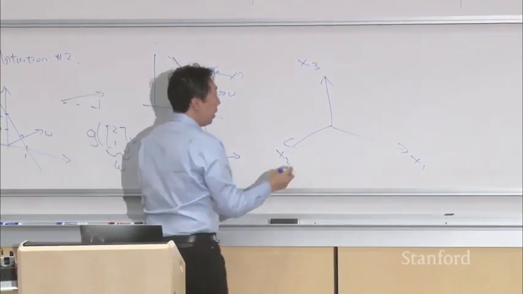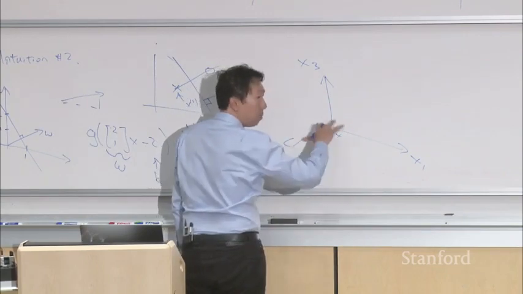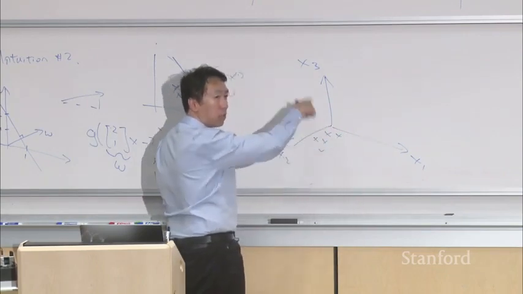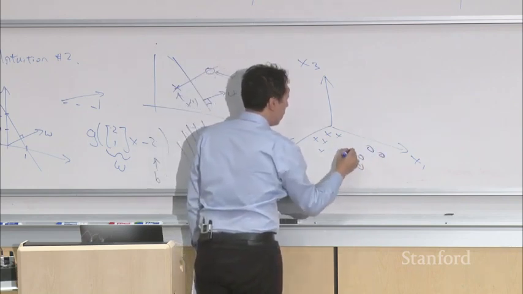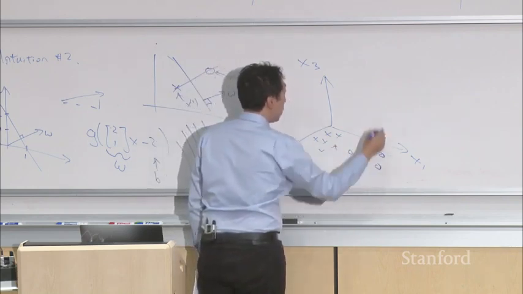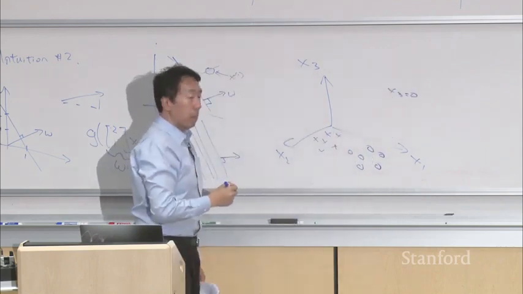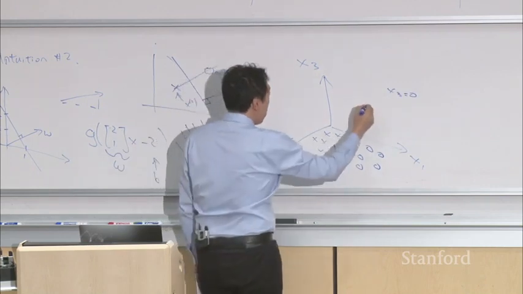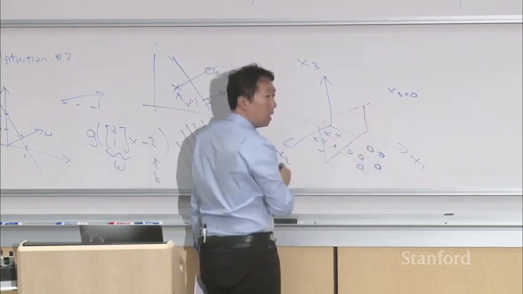Let's say, for the sake of illustration, that all of your examples lie in the plane of x1 and x2, so x3 is equal to 0 for all of your training examples. Then the decision boundary will be some sort of vertical plane that looks like this.